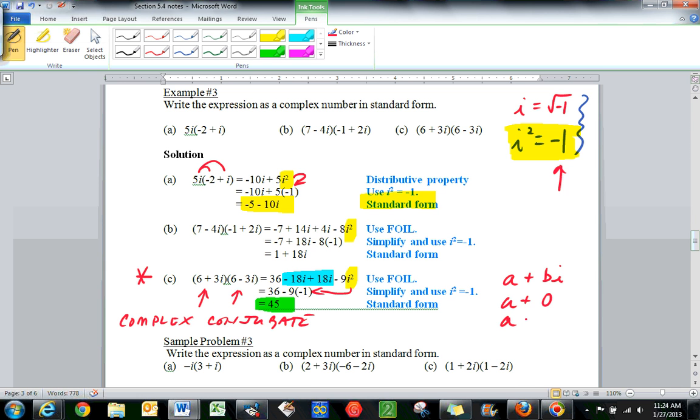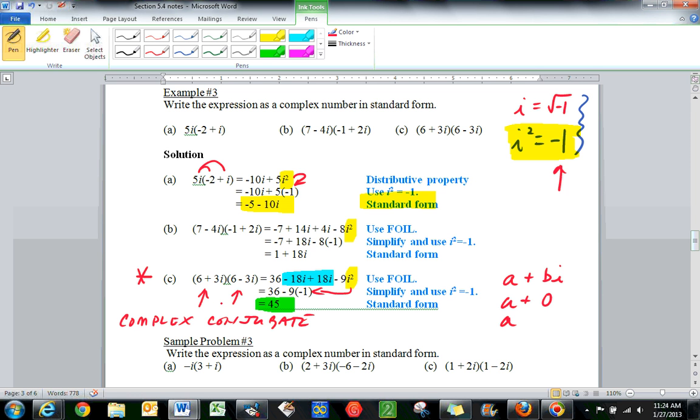So whenever you're dealing with complex conjugates, you need to recognize that that actually eliminates the imaginary unit from the final complex answer. So that is going to be a very important concept in the next video or later on in the section of notes.